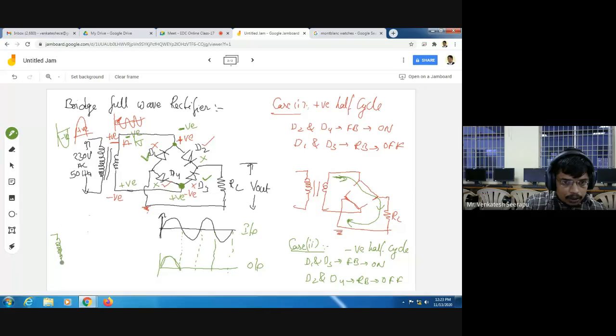It is a step down transformer. Now this diode D1 is in on condition, D2 is in off condition. Similarly, D4 is in off condition, D3 is in on condition. Here I have a load resistor RL.